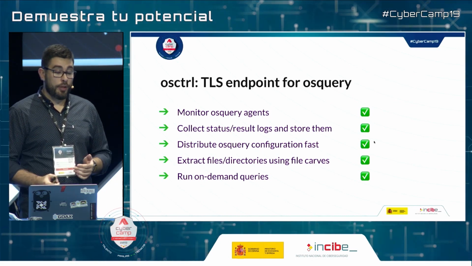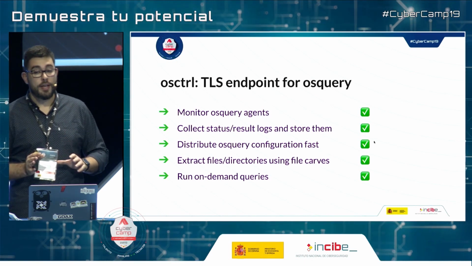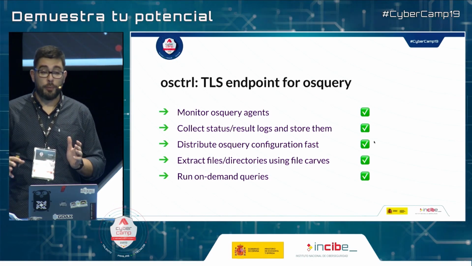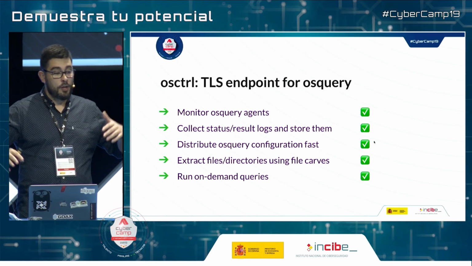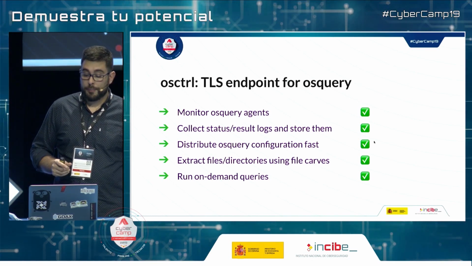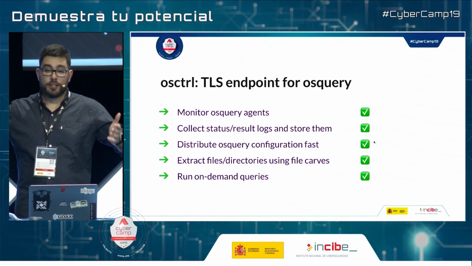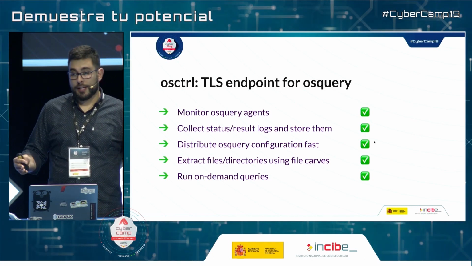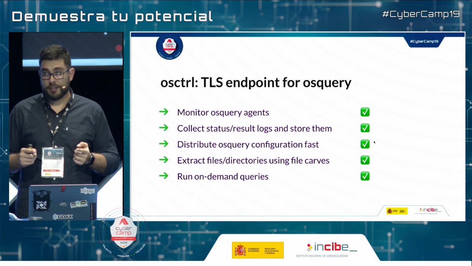But the idea of using the TLS endpoint was that there are certain things in the existing solutions I wasn't convinced about, because it would make you do something in a certain way, or it wasn't modular enough, or it didn't have the ability to support certain things.